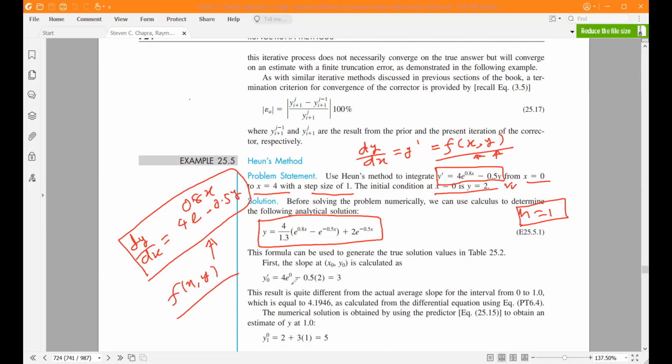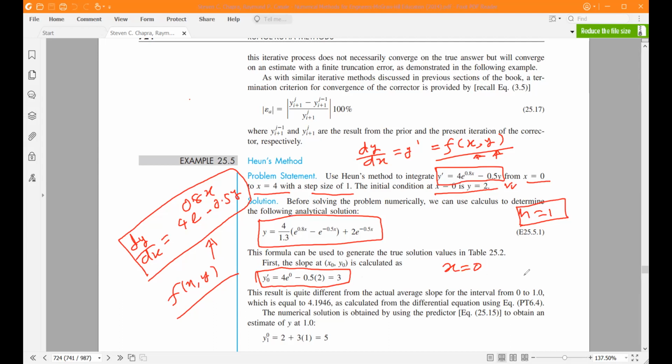Using Heun's technique, you have to calculate the slope at the initial point, isn't it? Our initial point is x equal to 0. You can consider that this is your xi, this is your yi.